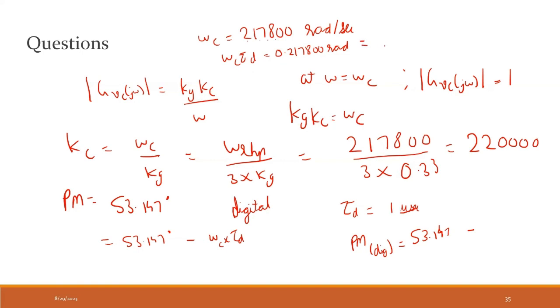I have to convert it into degrees, so it will be 0.2178 into 180 divided by pi, which comes out to around 12.48 degrees. So the new phase margin will be around 40.668 degrees.